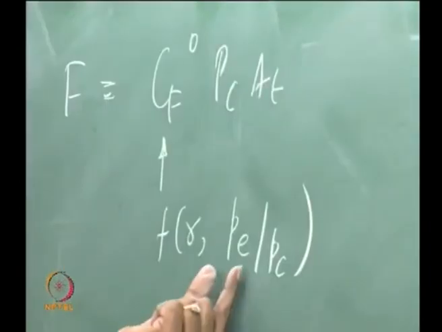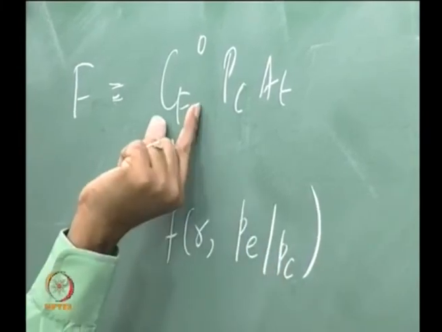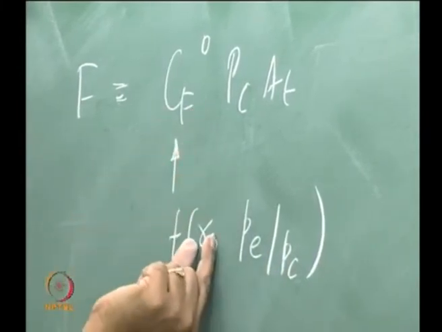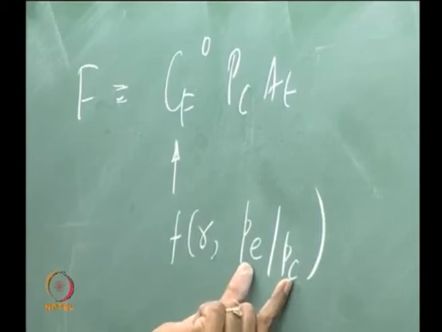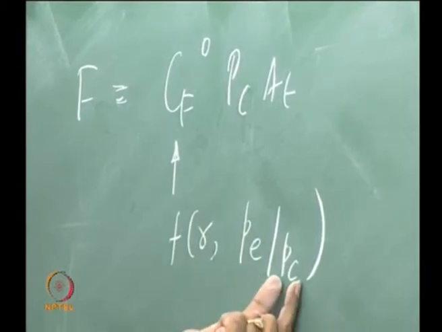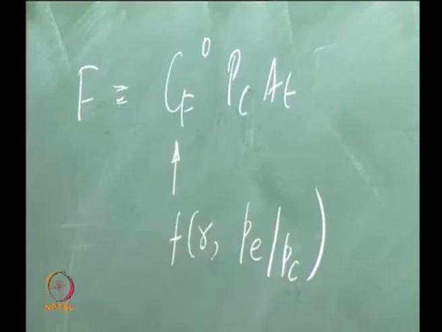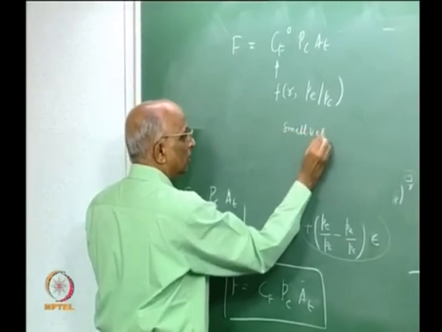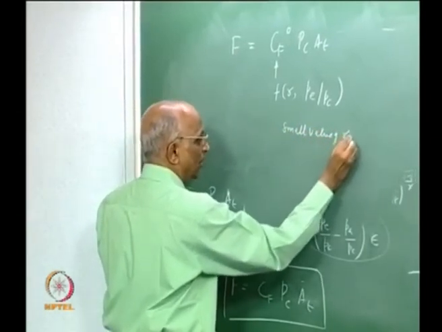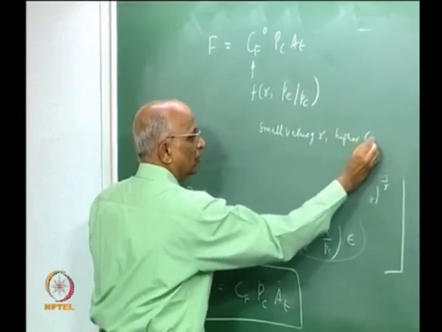A small value of Pe by Pc or a larger value of chamber pressure gives me a higher thrust coefficient. This gamma depends on this value. If this value is not large, is not small, like for instance I have a low chamber pressure, then gamma is not influential, but otherwise a small value of gamma will give me a higher value of Cf.